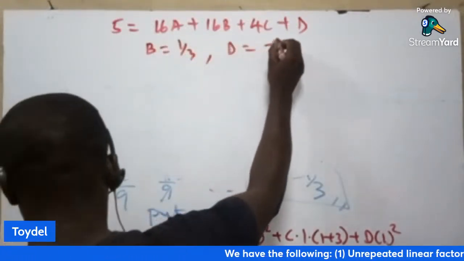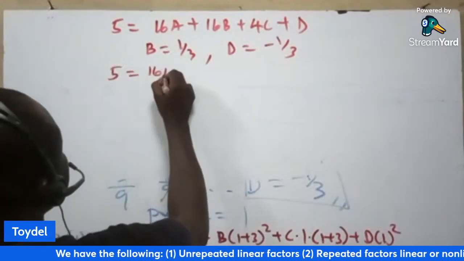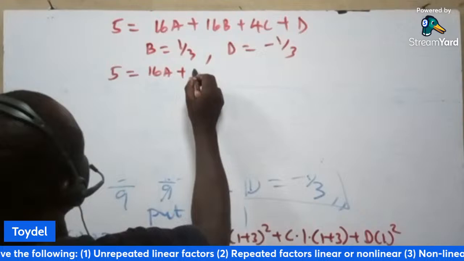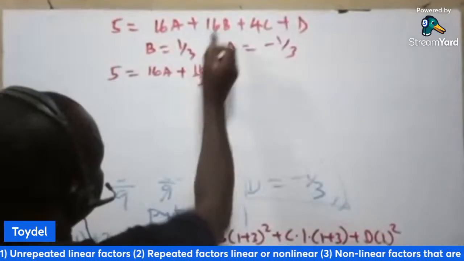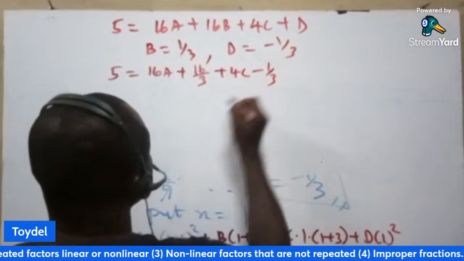And we know D to be equal to minus 1 over 3. So let's substitute. I will have 5 to be equal to 16A plus 16 all over 3, plus 4C minus 1 all over 3.